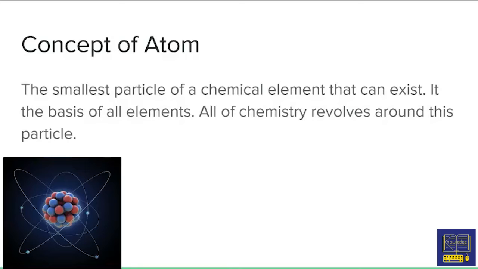That would be your smallest possible component of this element. And most, if not all, of chemistry just revolves around studying how this functions. And if you can understand how things function at a very small level, you can generalize that to cases of, let's say, a greater magnitude. And this is where it's going to help you.